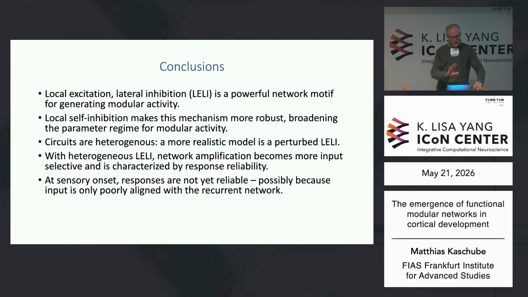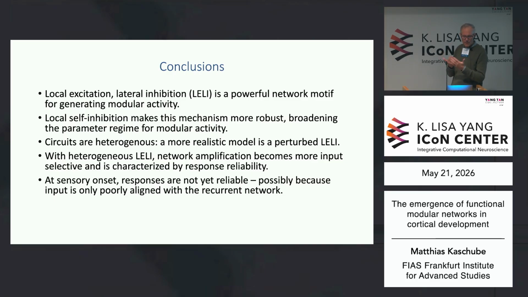I haven't talked about this. I just want to mention it here. We recently published work showing that at sensory onset, the responses are not reliable. The idea, and I just want to sketch this briefly, is that at eye opening, the new input from the eyes is hitting the cortex for the first time, and it is not yet adjusted to the cortical circuitry, so it comes in mostly by random.